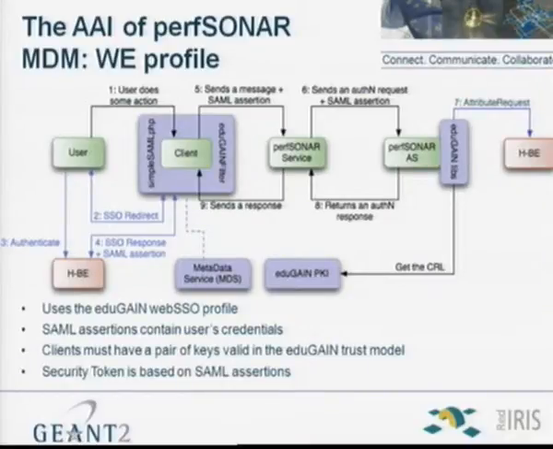But also the client needs a pair of keys valid in the eduGAIN trust model, because it generates an assertion signed by itself including the assertion of the user.